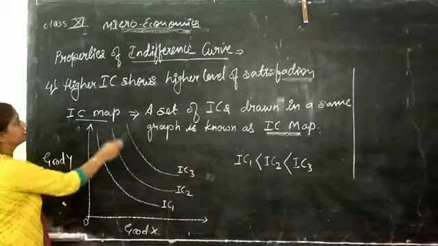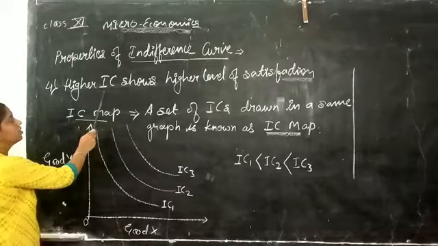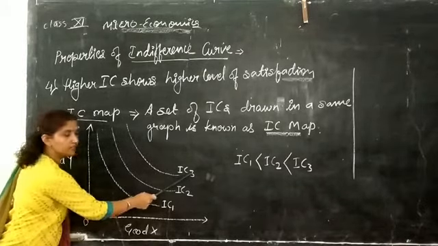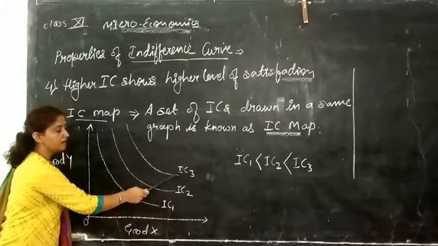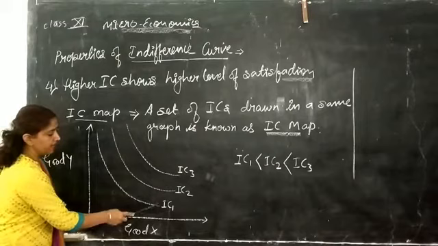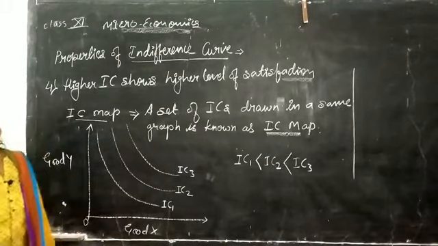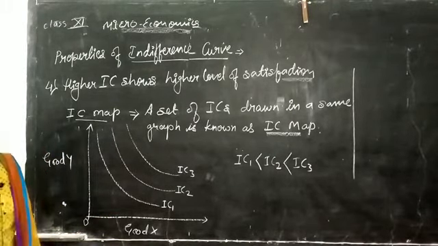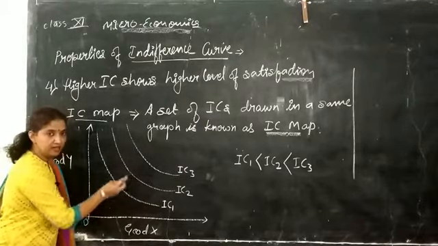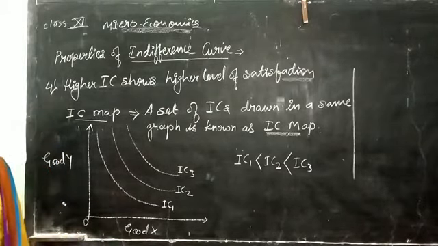In this condition, in accordance with this property, we can say that a higher indifference curve is showing a higher level of satisfaction. Okay, here IC1, IC2 and IC3 are placed one above another. IC2 is above IC1, IC3 is above IC2.